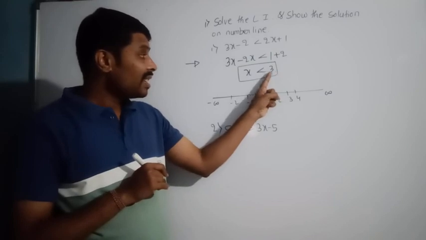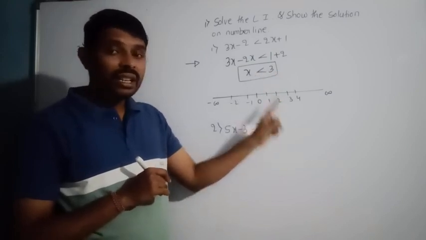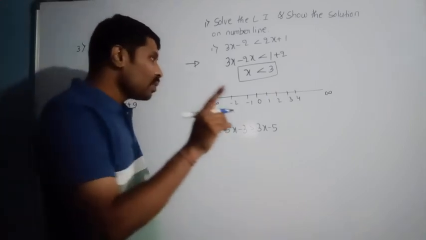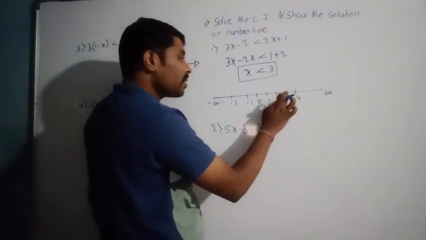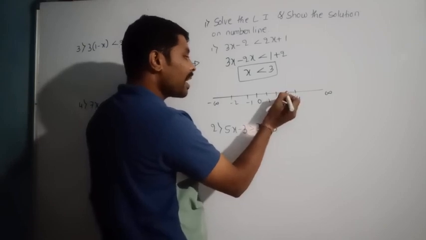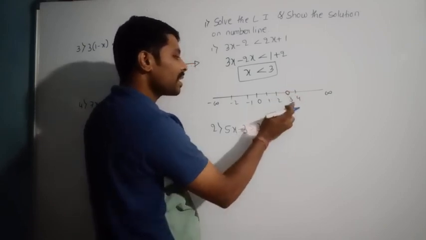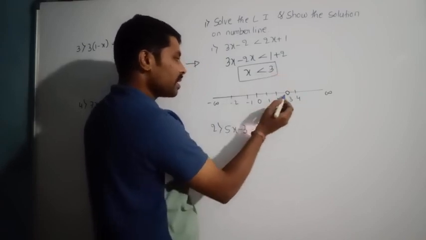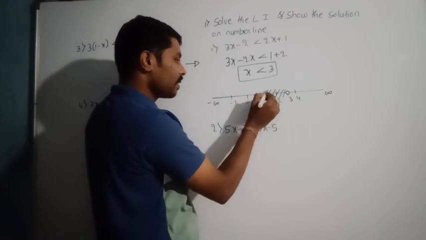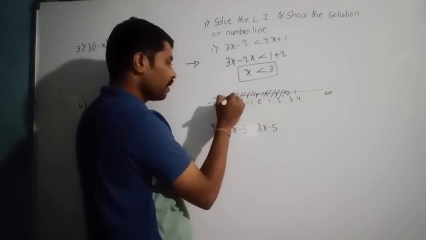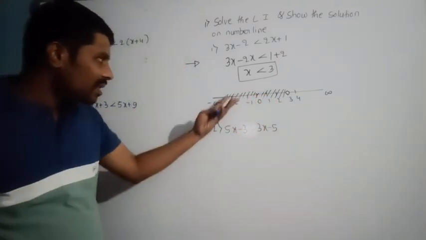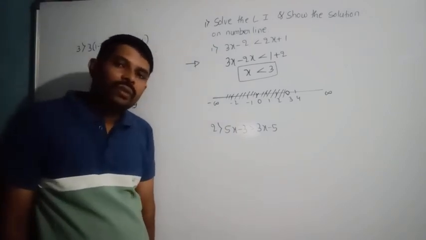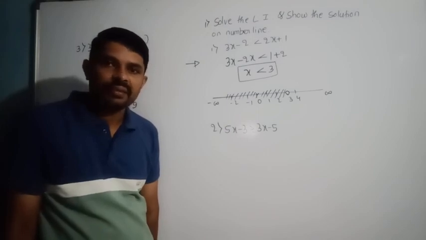Less than 3, equal to is not there, so 3 is not included. I have told you, whenever it is not included, blank circle. The meaning of a blank circle is that 3 is not there. Less than 3 means this side, so if you mark it like this, that is the required answer. Look how simple. Got it, students? Understanding?